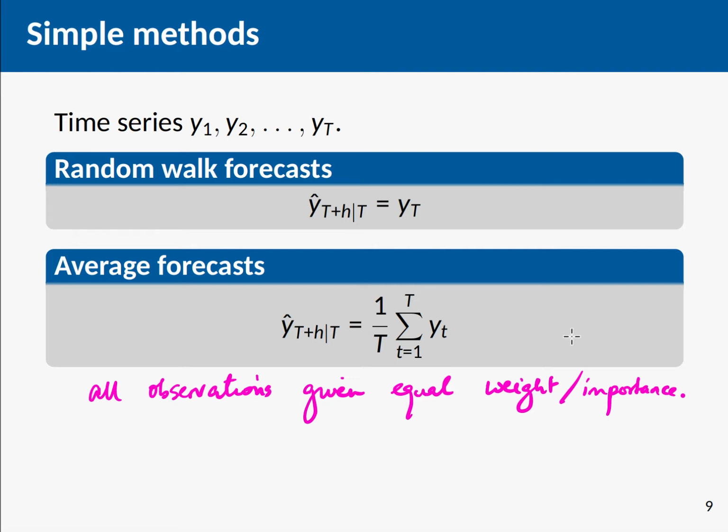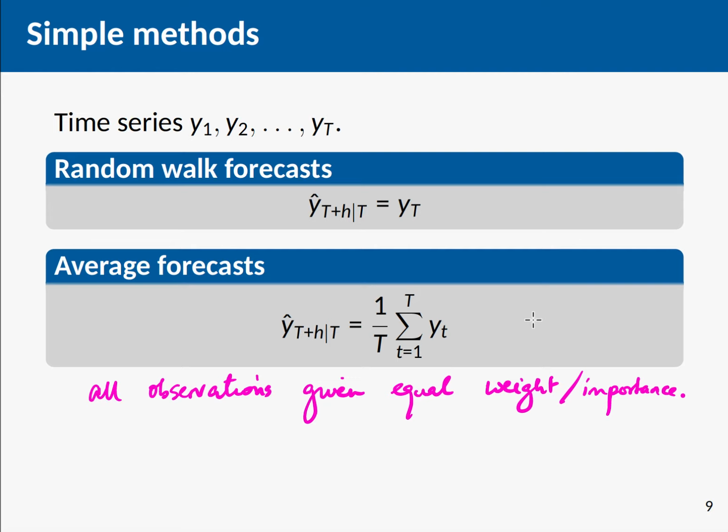This is just the mean of the time series, or the unconditional mean. So here you have each observation being given equal weight or equal importance. In this type of method, all future forecasts are equal to the simple average of the observed series.